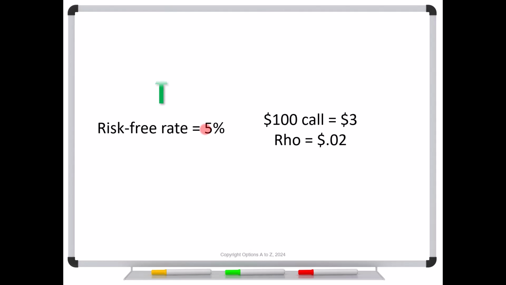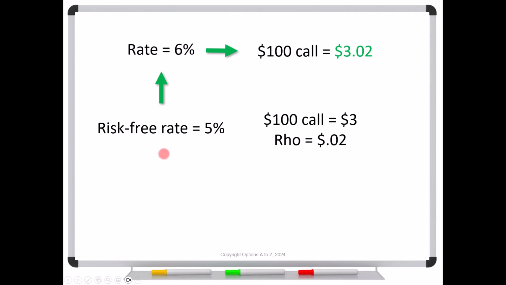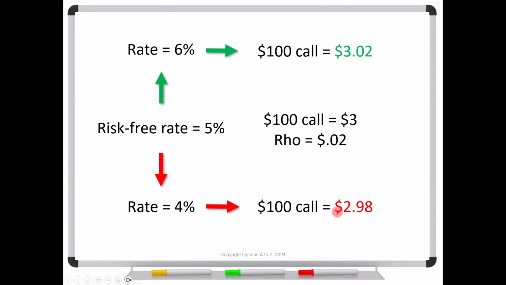Interest rates go from 5% to 6%. We would expect this call to go from 3, it's going to pick up rho, and should trade for about 3.02. So not super sensitive to interest rates. And conversely, if the rates fall from 5% to 4%, this call should lose rho and trade for about 2.98.